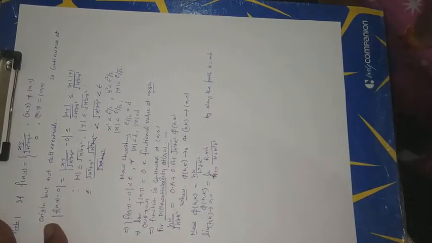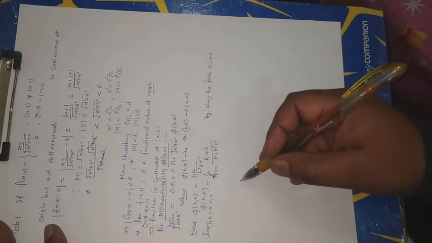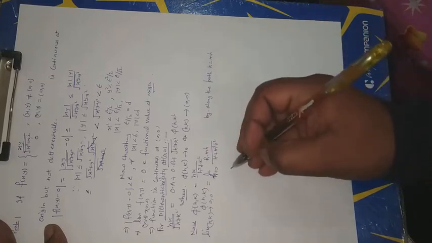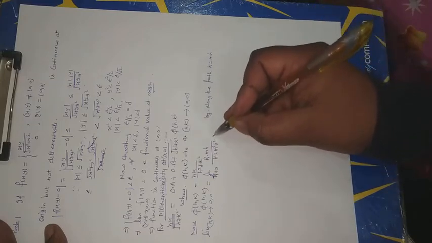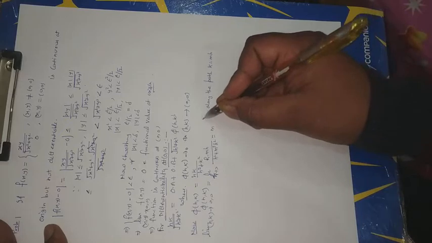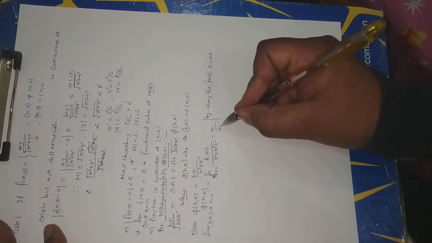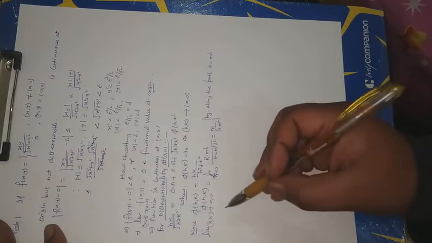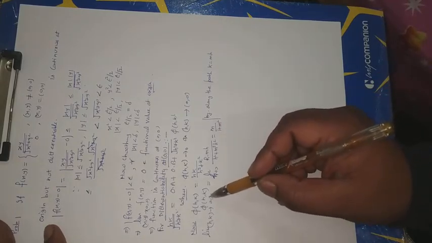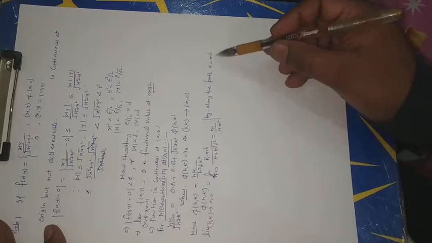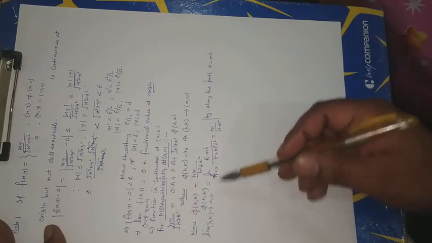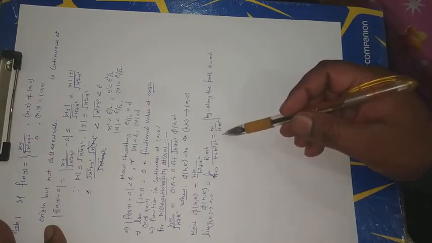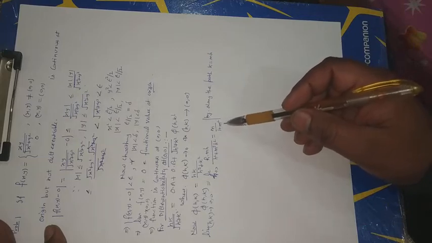Now h square common is cancelled by h square, then we get m upon 1 plus m square. The simultaneous limit of phi(h,k) along k equal to mh is not independent of the variable, it depends on the value of m.